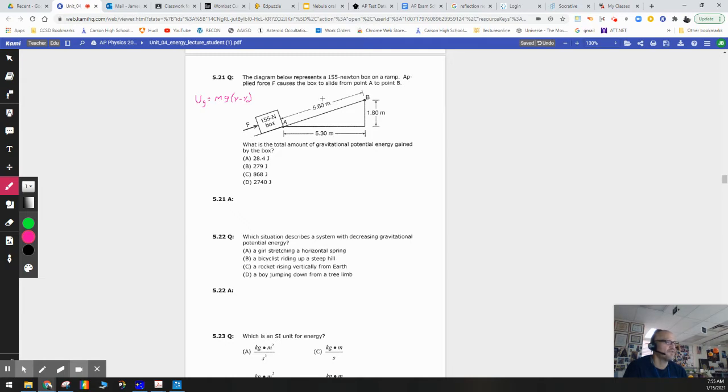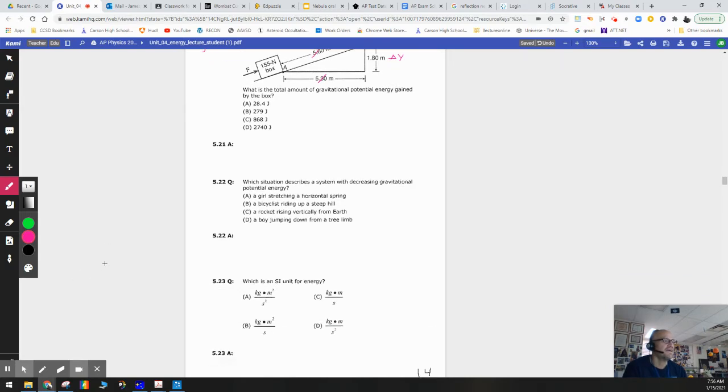I mean, it's important, but we're not concerned about that. I am concerned about this because this is delta y. It only matters from this height to this height. So this is my initial position. This is my final position. So this information is not needed in this particular problem. So go ahead and work on this problem here and see what you get. We'll go ahead and hit pause.